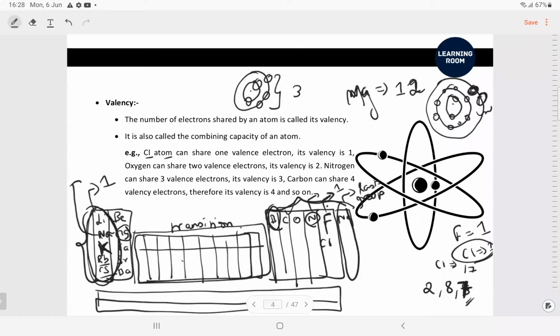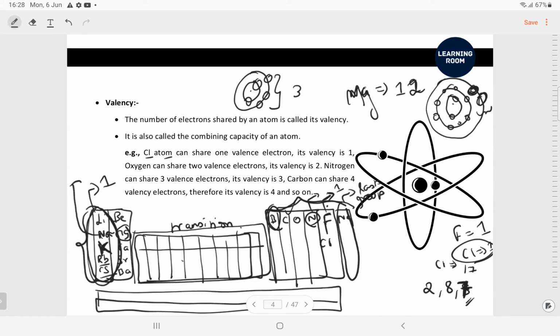Coming to the reactivity, you have to see only in terms of valency. Here there is only 1 electron. Reactivity is based on how freely the electron can move around the shell. In terms of fluorine, there are 7 electrons, so fluorine will be reactive, as it tries to attract electrons.